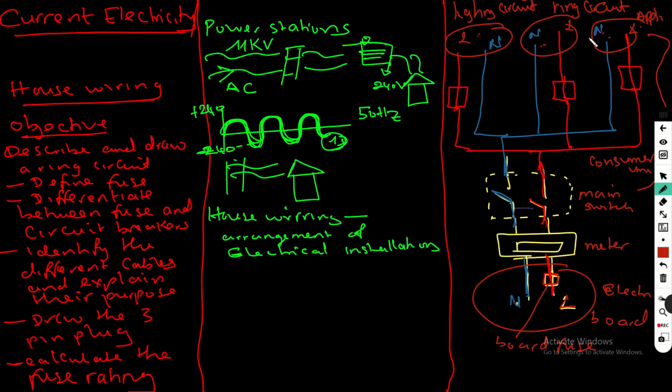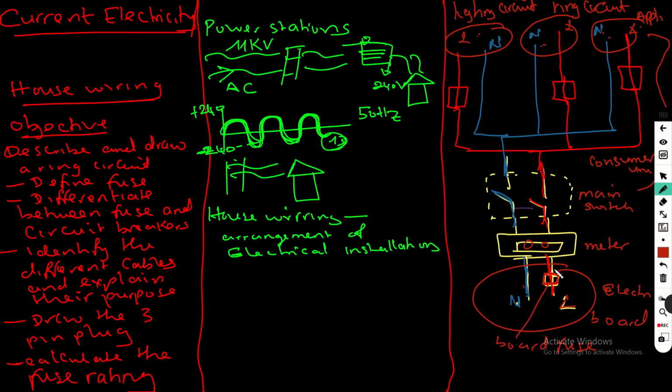So when light leaves the board, it's carried by these two cables, the neutral and the live cable. And the live cable passes through the meter. So this board has what we call the fuse, the electrical main board fuse, which protects the meter from getting burned.